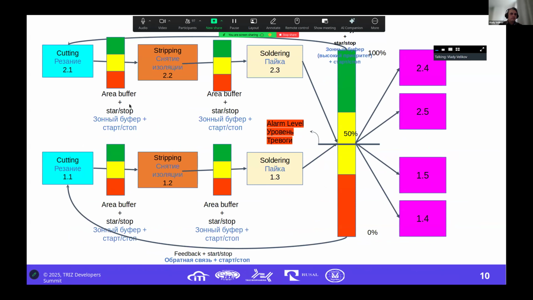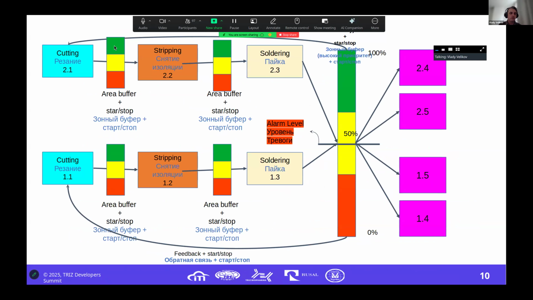So first, we create here the buffer. When they start the cutting machine, they start to feed this buffer, which is an area buffer. And we marked the area in 3 colors. They start to feed from red to yellow and to green.